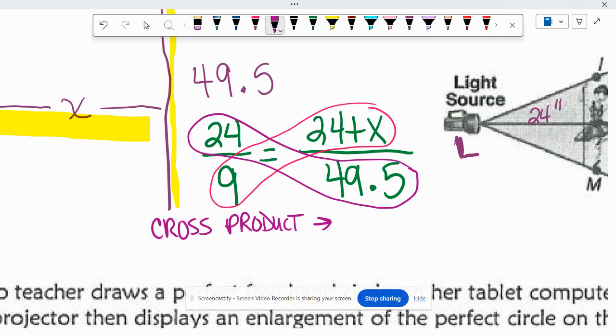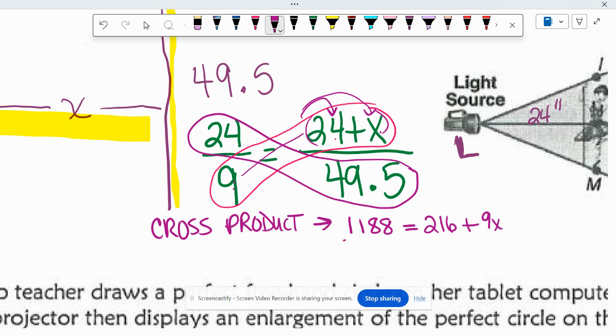Well, tell me what it is. 24 times 49.5. 1,188. Thank you. Equals 9 times 24 is 216 plus 9 times x, because we're taking 9 times this whole thing. So it's essentially getting distributed.